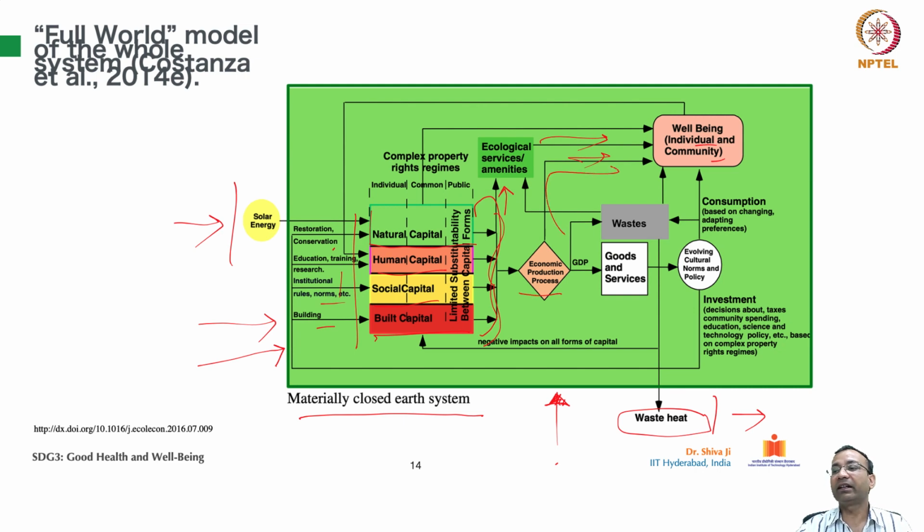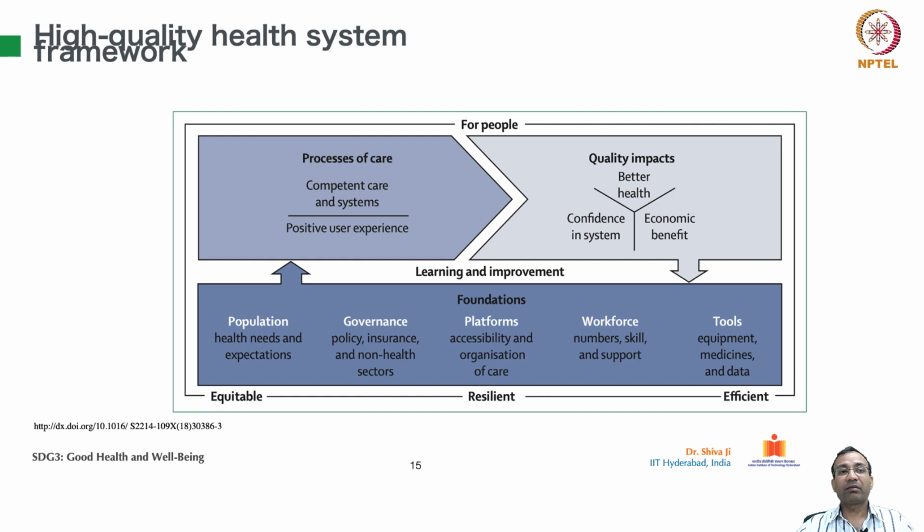So from here it directly also leads here, or through GDP it leads to goods and services, you can see through this means, or by waste. Then finally it goes towards consumption, investments, they also lead to the overall health and well-being of the individuals and community. And yeah, in the feedback loop you see the investment coming from this side, which goes and feeds again to these things, and it feeds again to the capitals also. Okay, so this is the systemic map.